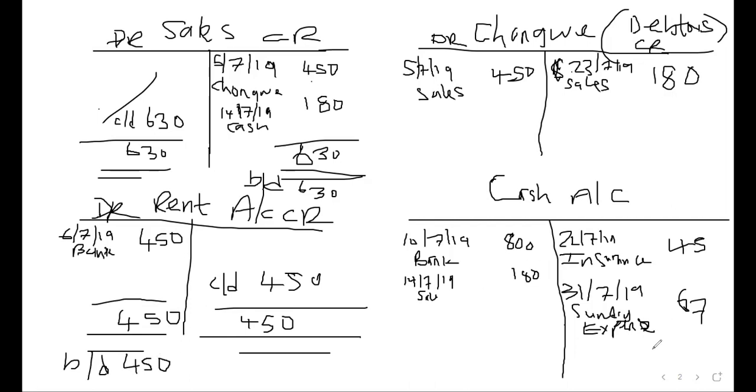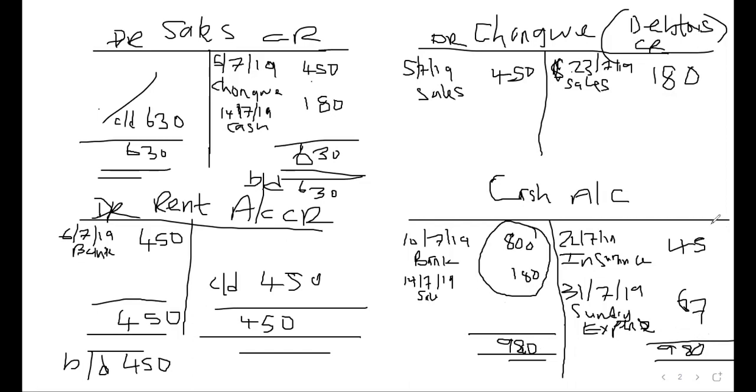Let's go to cash. Our cash, we have what? Here we should do a proper reconciliation. So cash, check where it's over on the other side. Addition of this is giving us what? 800 plus 180 is giving us 980. So 980 is bigger. So we put 980 on this end. Even here you put 980. So what are we saying?